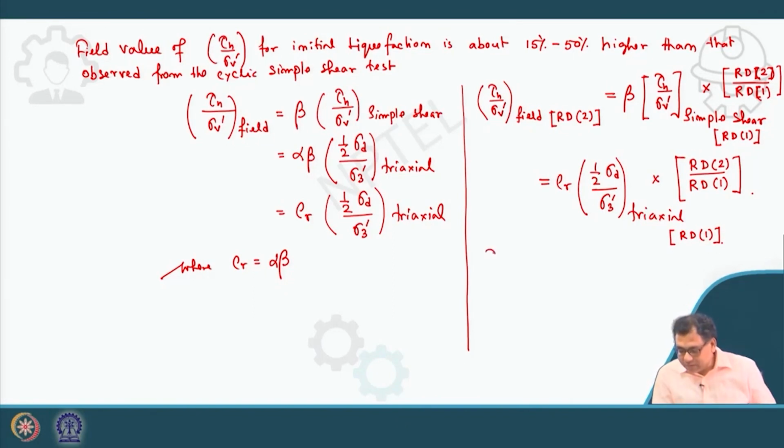Now, what is tau h? Tau h is basically the shear stress required to cause the initial liquefaction.